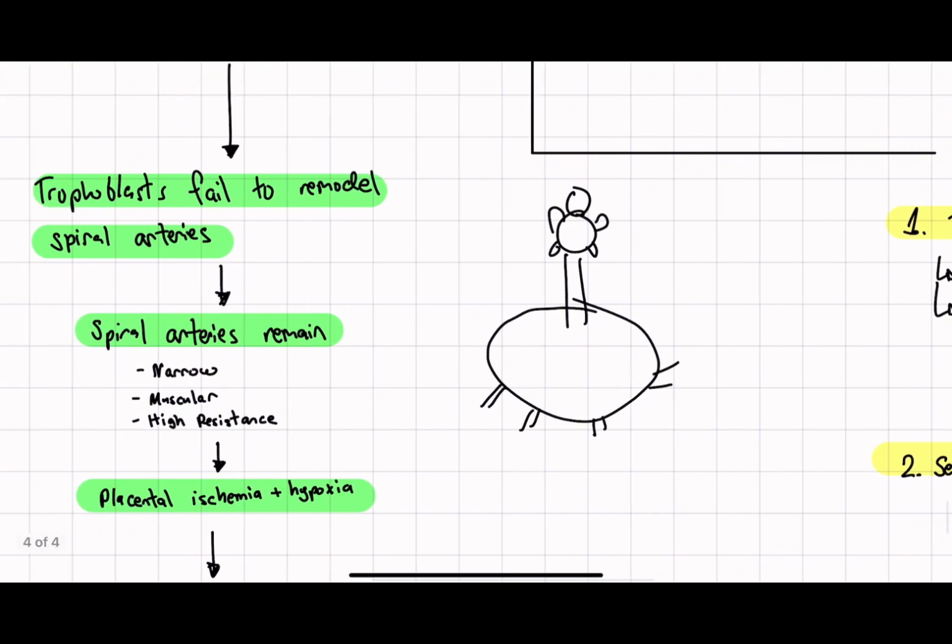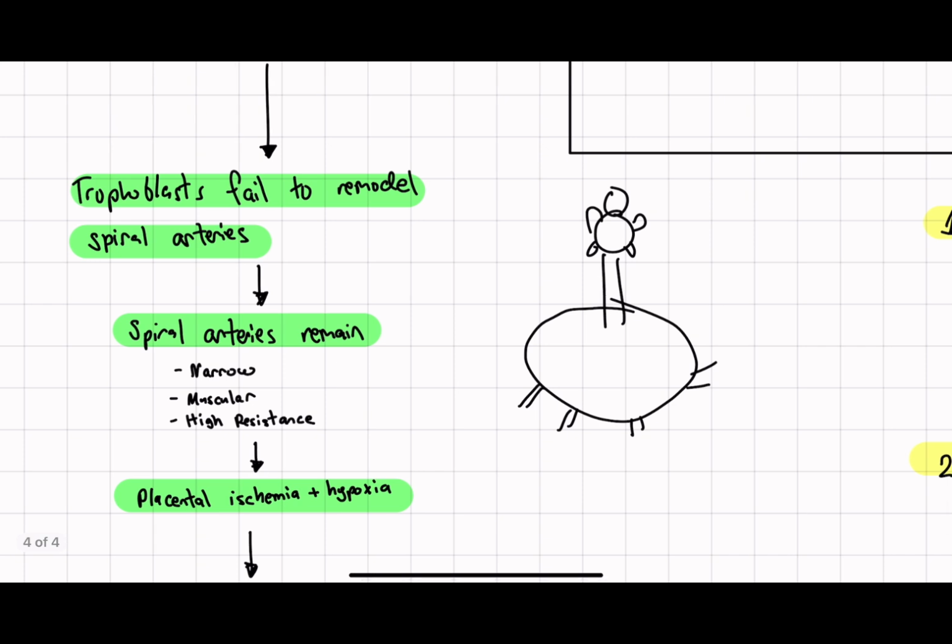Now, basically, trophoblasts are the very precursor cells when you have the baby. Trophoblasts will actually want to remodel these spiral arteries.